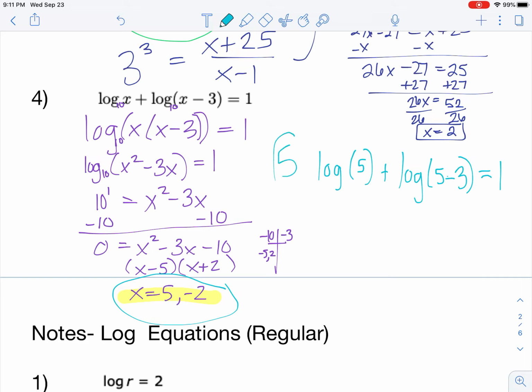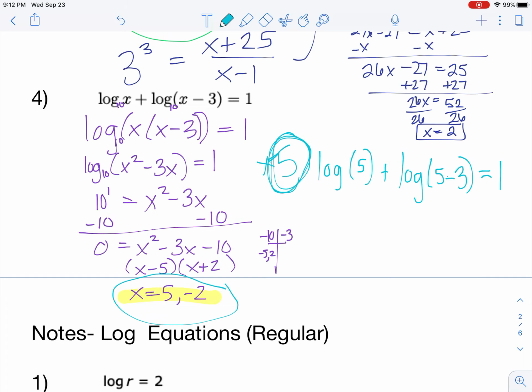So right here, I'm plugging in x equals 5, okay? And to do that, I'm going to go to Desmos, and I'm going to check whether that equals 1. So log of 5 plus log of 2.